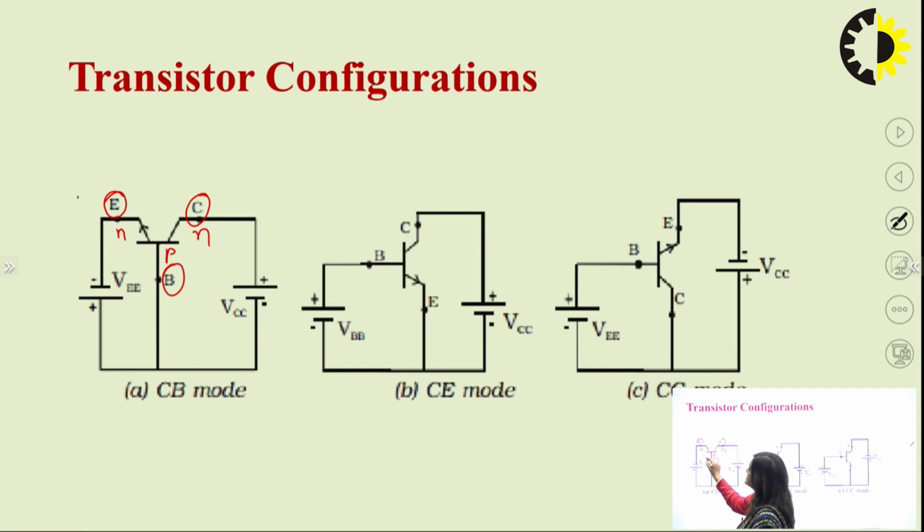This is the forward bias side, that's why it is negative here and positive there. And this side is for reverse bias, the collector base junction is reverse biased, that's why this is positive and this is negative. So this is the common base mode configuration, in which base is kept common between the input side and output side, and it is used for high frequency applications.